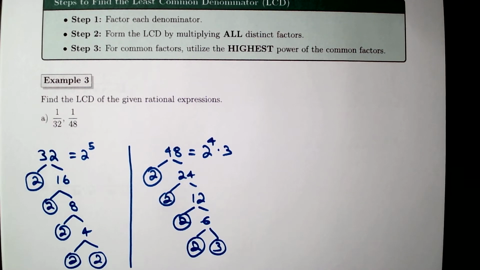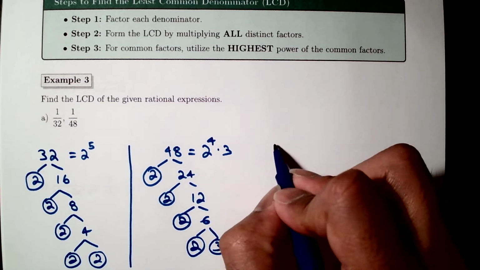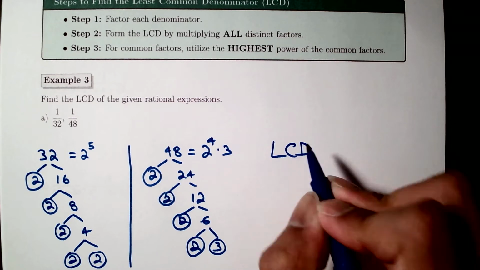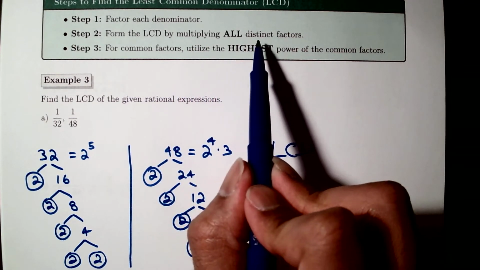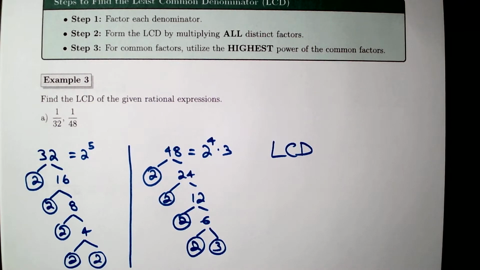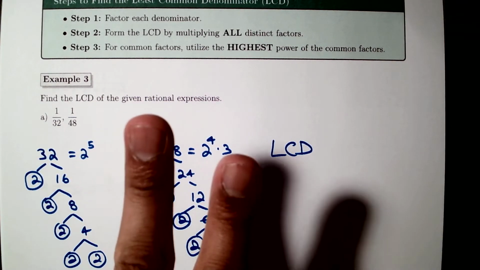All right, so now what's the LCD? Multiply all distinct factors. What are the distinct factors? In this case, we have only 2 distinct factors.